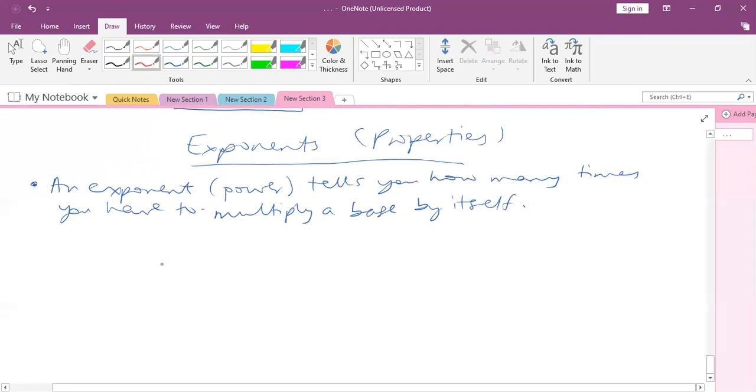So if you have something like x raised to the power b, all right? Now the base is this number here, that is the base. And then the superscript over here is the exponent or the power.